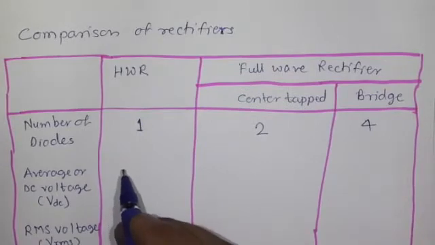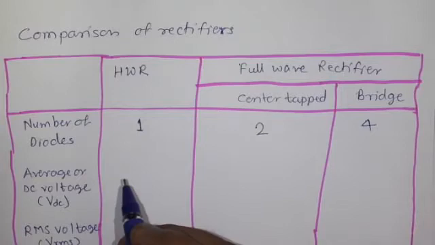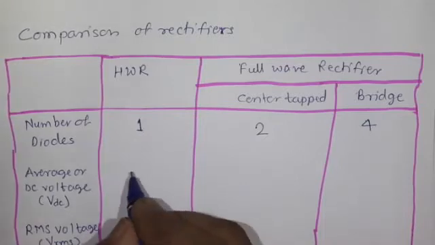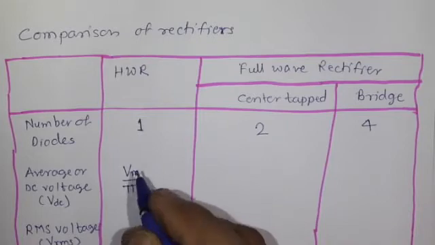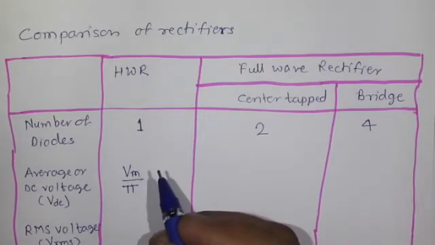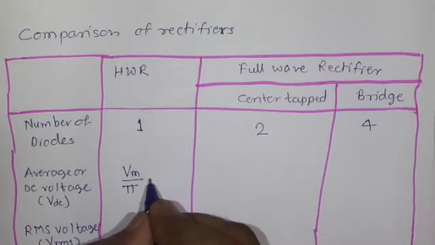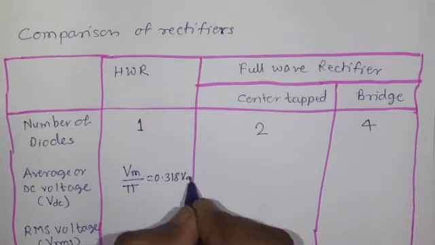Second thing is the value of DC voltage that we have to find out. For the half wave rectifier, the value of DC voltage VDC is represented as Vm upon pi, which can also be written as 0.318 Vm.